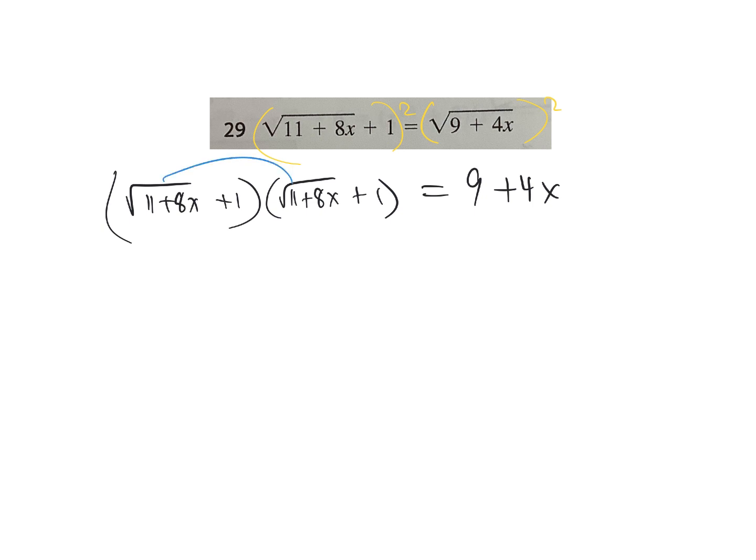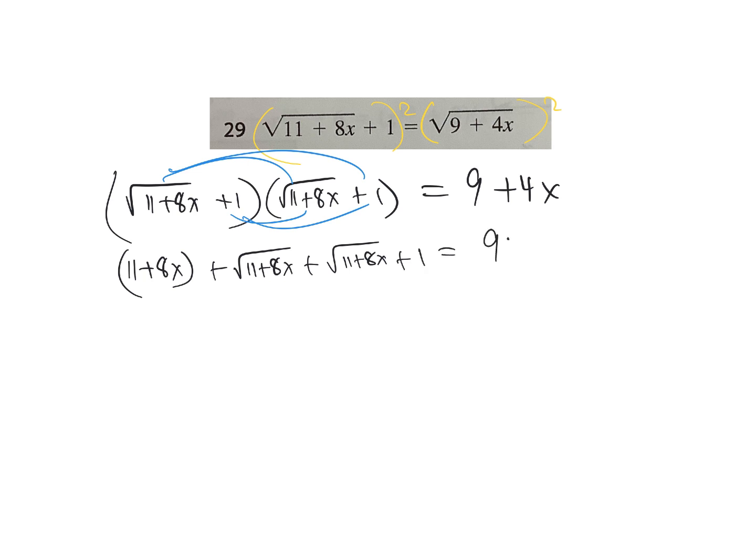Distribute, and you get 11 plus 8x, which is wonderful. But then you have a plus square root of 11 plus 8x. And then you distribute again, and that gives you another 11 plus 8x, and you get plus 1 here.